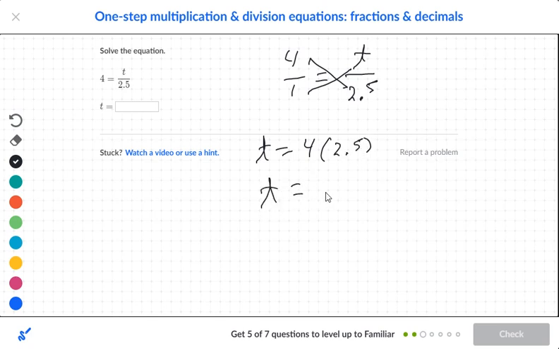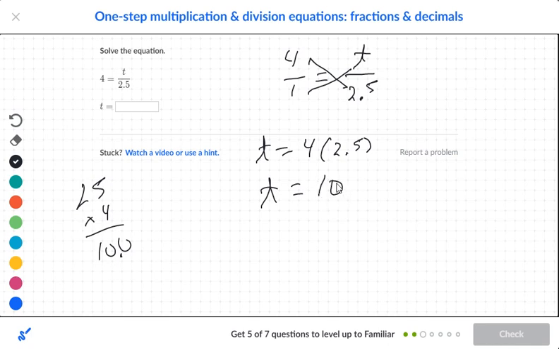So T is equal to, well, if you take 4 times 2.5, if it wasn't a decimal there, it'd be 100, because 25 times 4 is 100. But you see, we got one number after the decimal, so we got to slide it back. So it's no longer 100. We move it back in, it's actually 10.